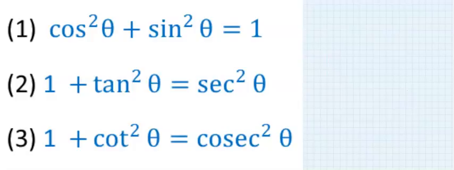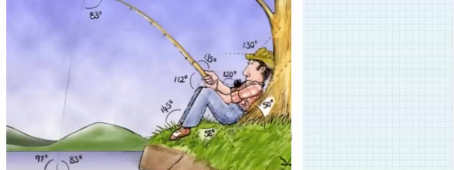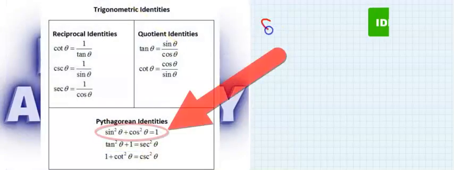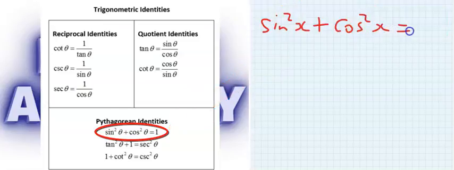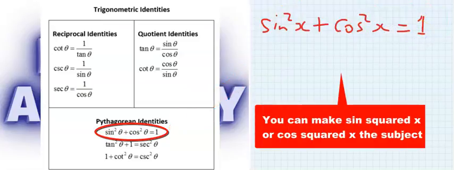Let's begin to look at some very important identities which we are going to use to solve problems in the subsequent videos. For example, this, where you have sine square x plus cos square x will always be equal to 1.